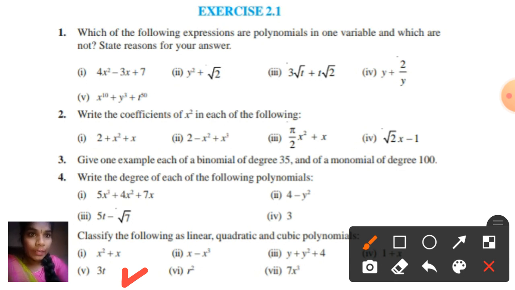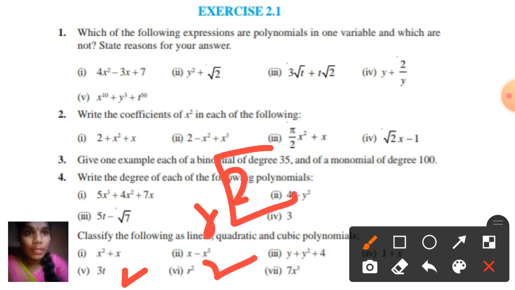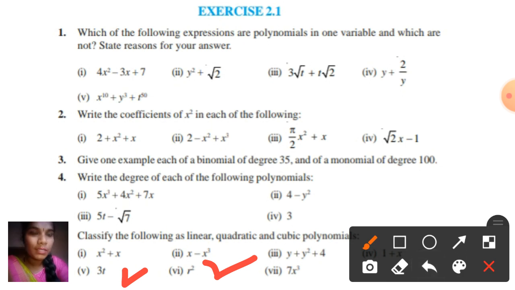And if you see the sixth one, r square is there, 2 is the highest degree, so obviously it is also a quadratic polynomial. And in the seventh problem, 7x cube, the highest degree of the polynomial is 3, so it comes under cubic polynomial.